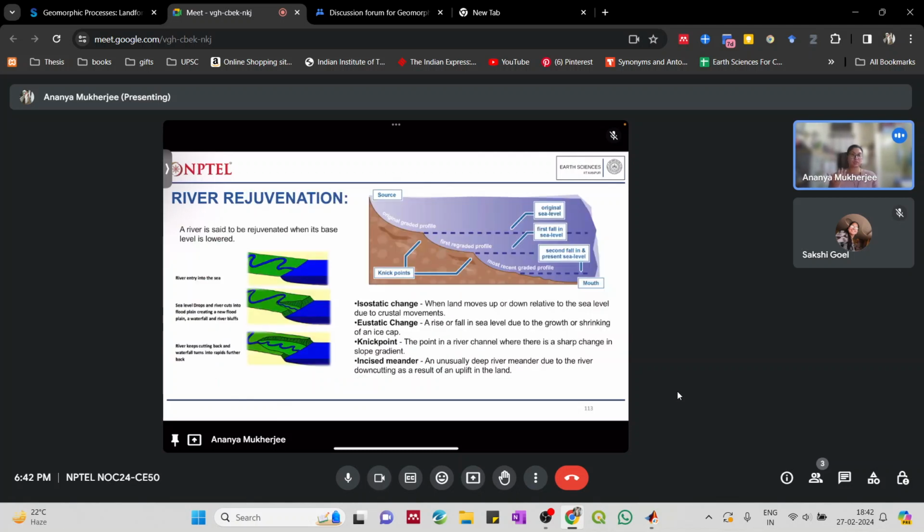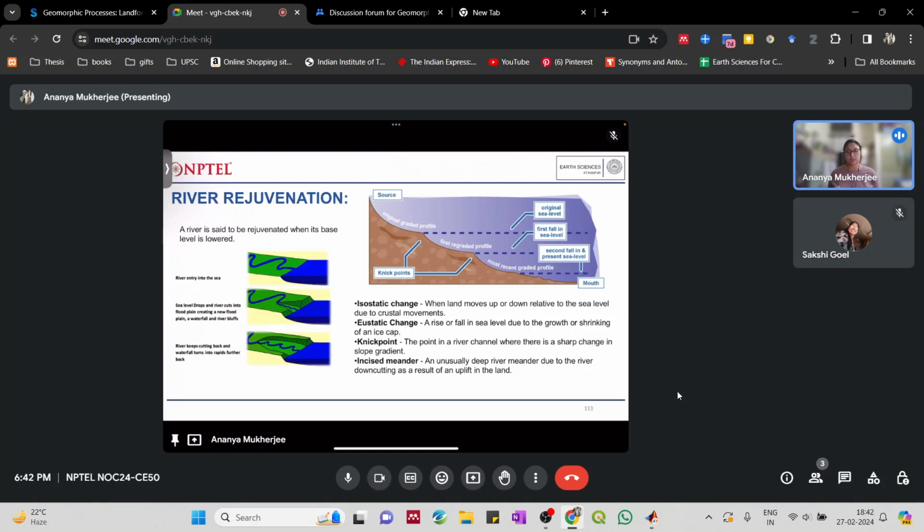So we understood how with time the river can form wider and deeper valleys as well as the river terraces on the sides of the channels.